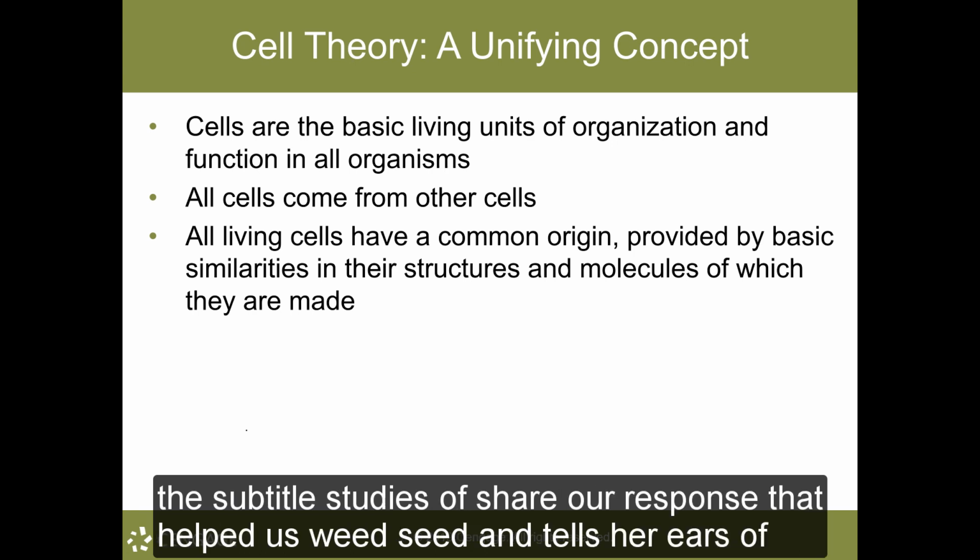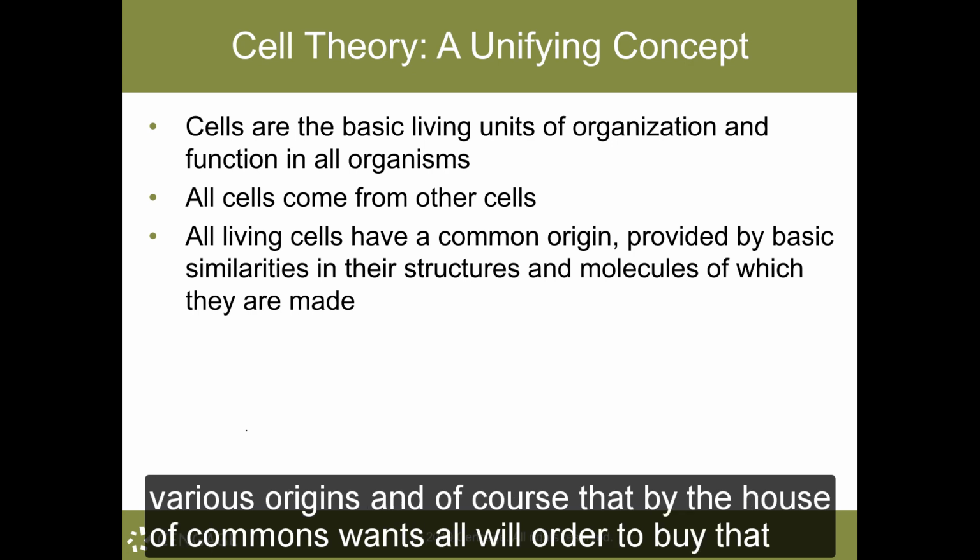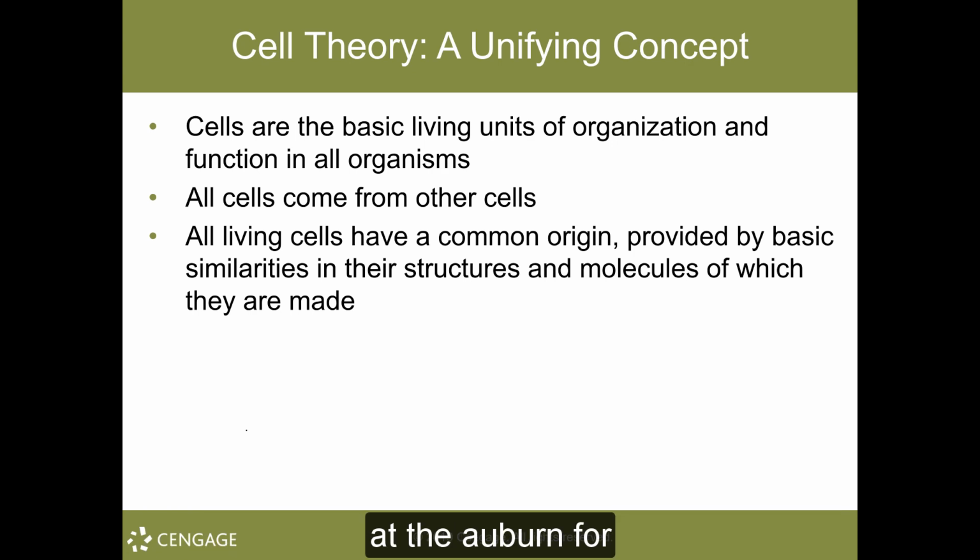So it's those careful studies of shared characteristics, class, that help us to achieve the evolutionary history of various organisms, and of course they provide powerful evidence, class, that all the organisms of life today have a common origin.